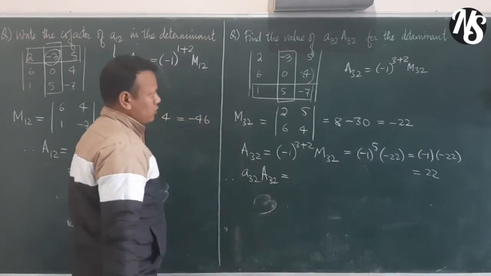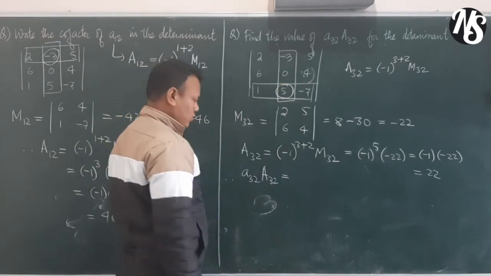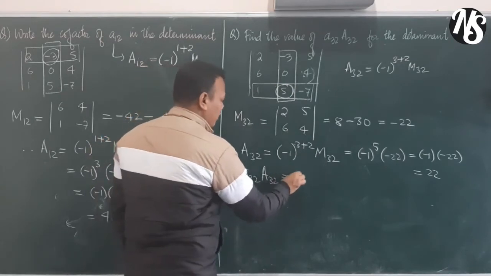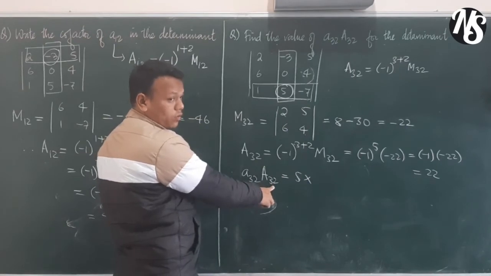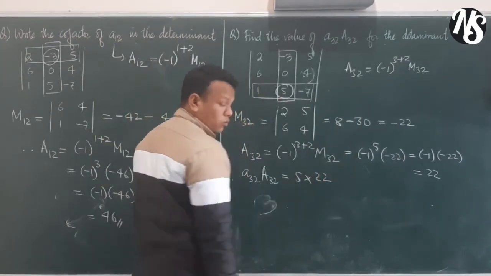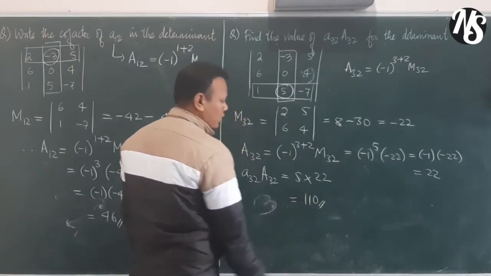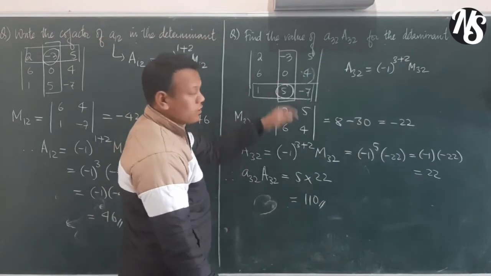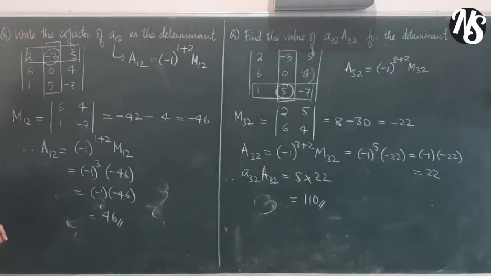The value of a32 is 5, and what is the cofactor capital A32? It is 22. So, let's evaluate this. This will be equal to 110. That means your answer for this is 110. So, pause the video and note down your solution.